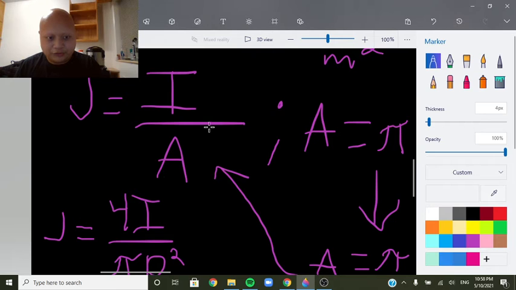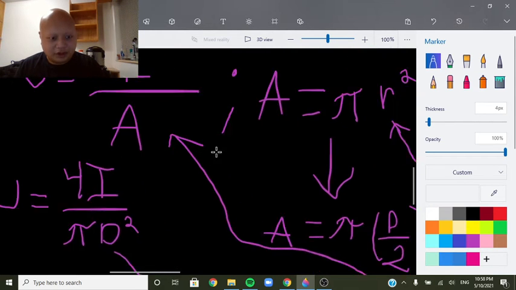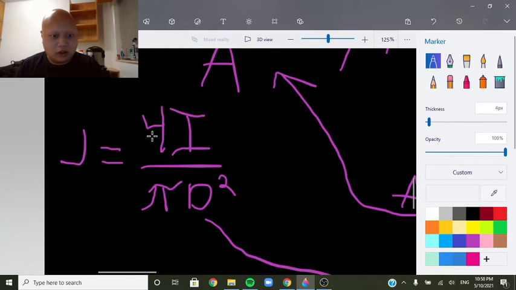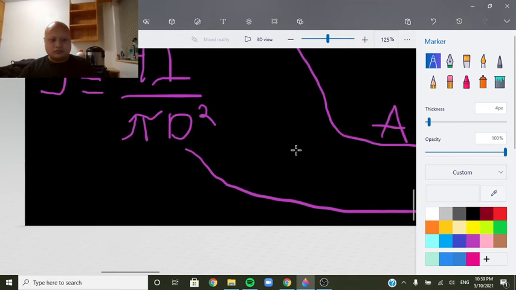And now we plug that in for A, and then we will get that J equals I over pi times d squared over 4, or actually I over quantity pi d squared divided by 4, but it's just the same thing.